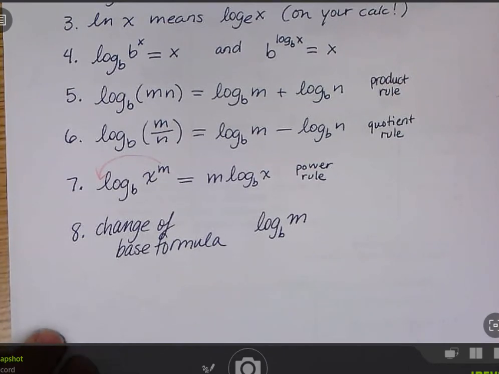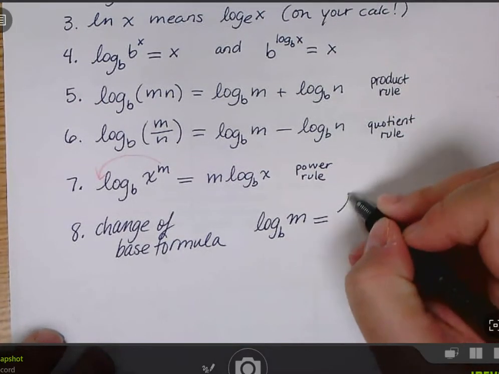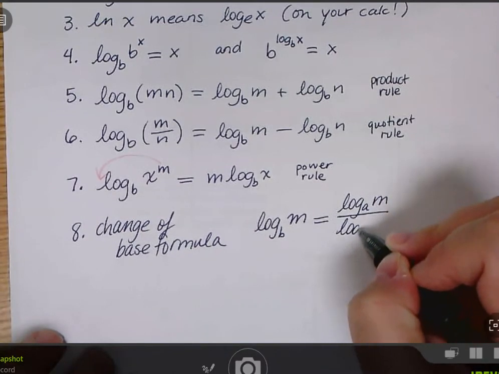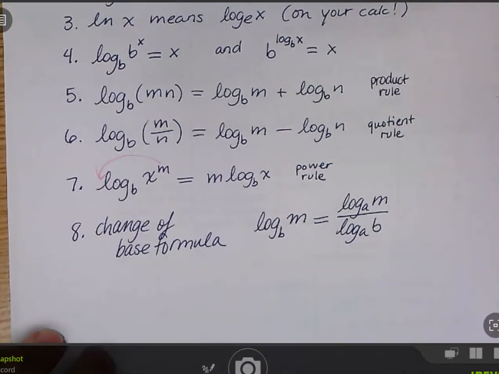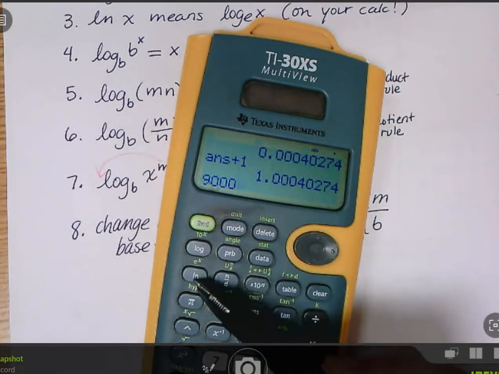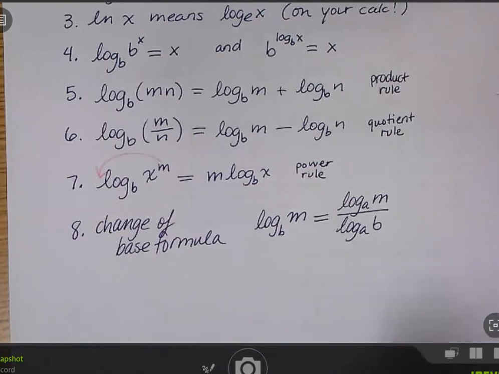But if I can change it to any base I want to change it to, which the actual rule looks like this, then why not change it to either natural log or common log because they're in my calculator. So that's what we use it for.